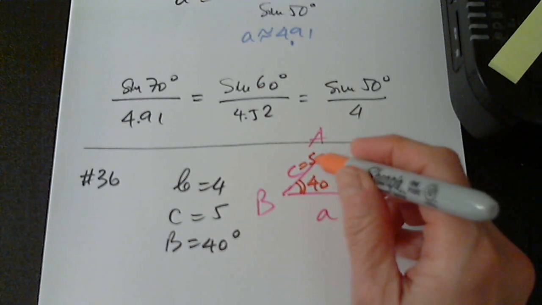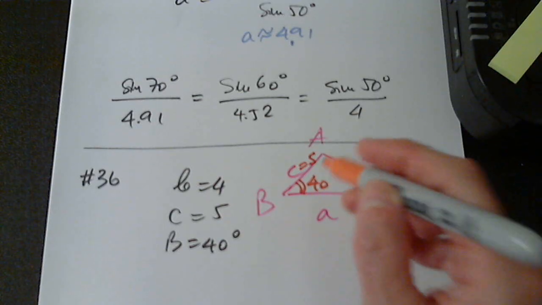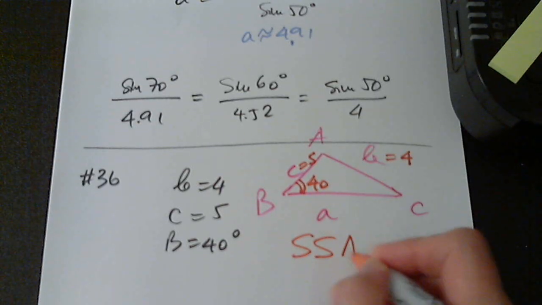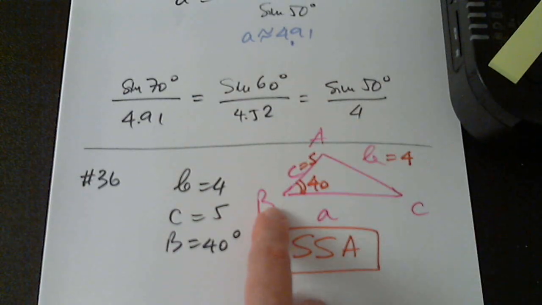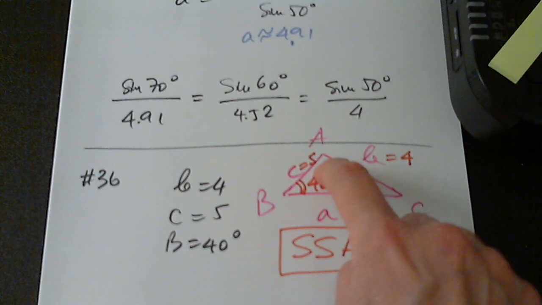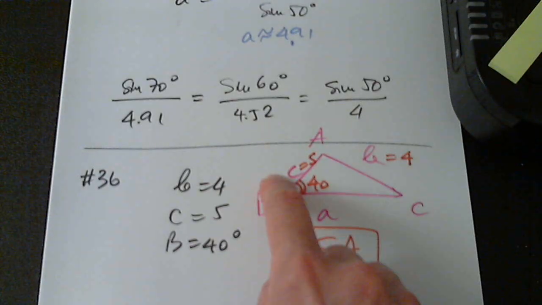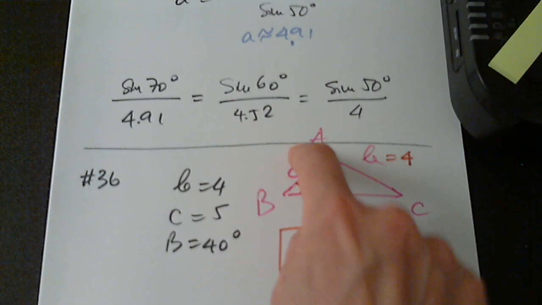So it's side, side, angle. The most difficult one, the ambiguous case. I'm given side, side, angle. Not the angle in between. Not side, angle, side.